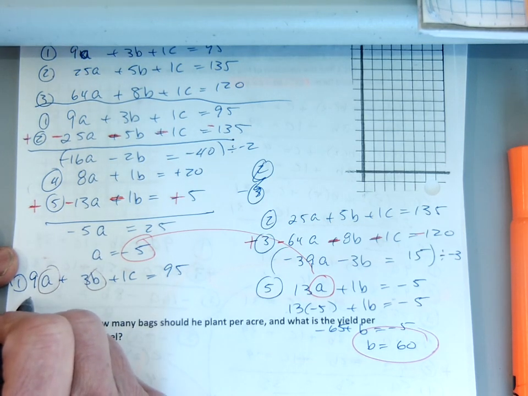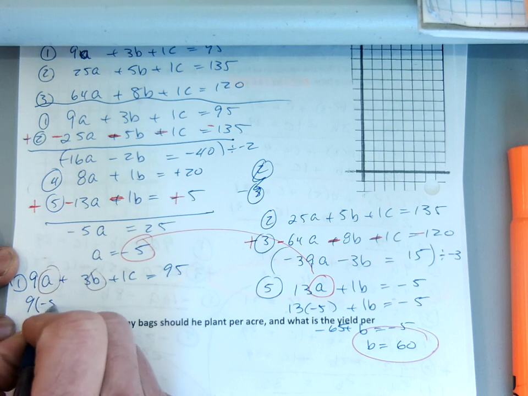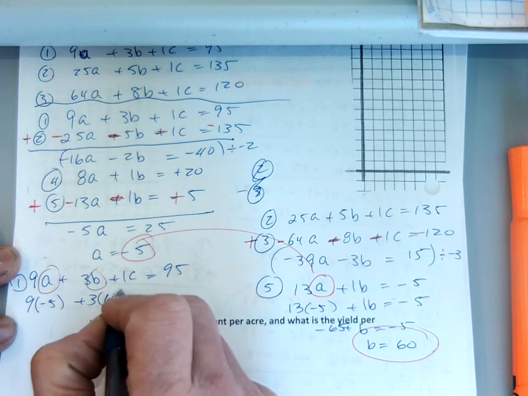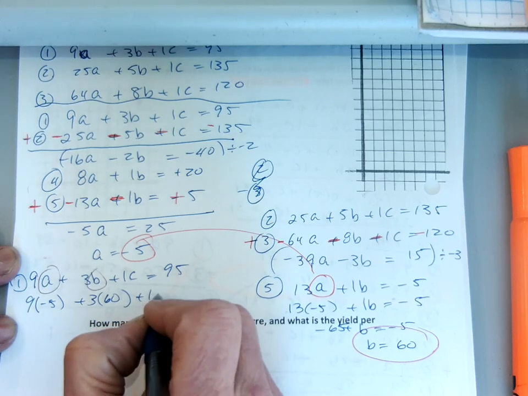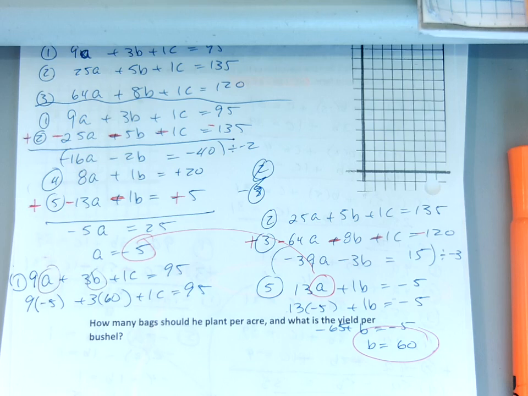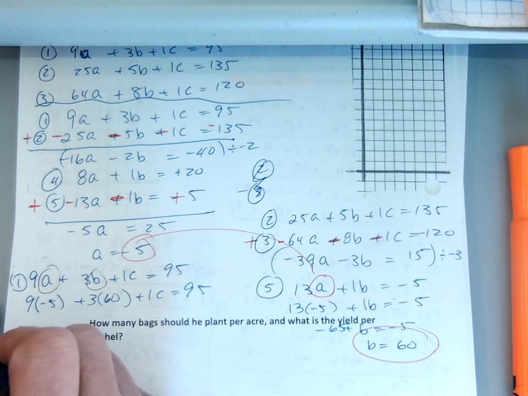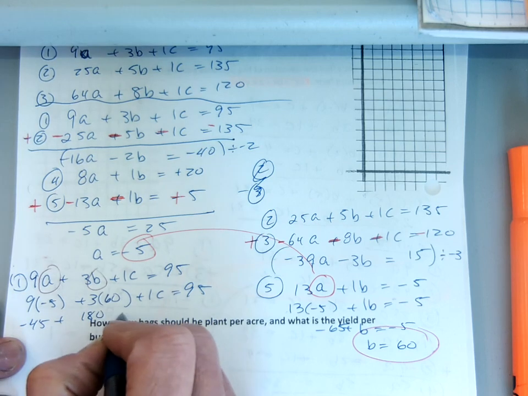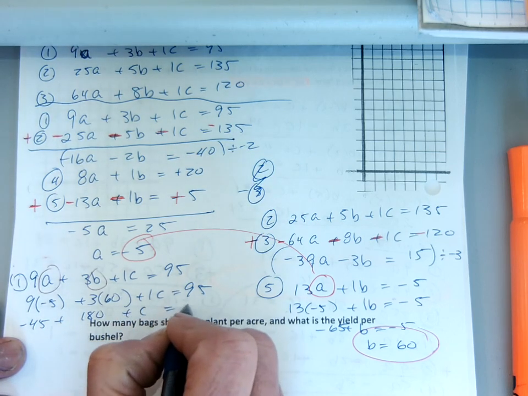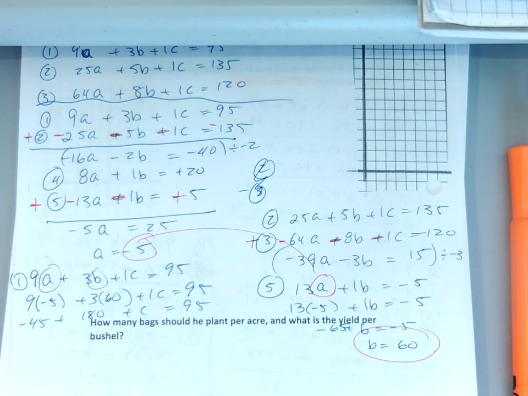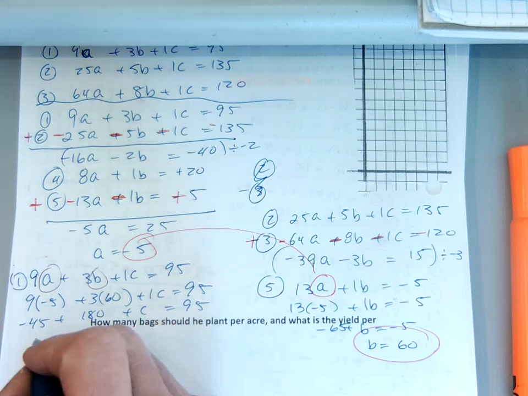So 9 times negative 5 plus 3 times 60 plus 1c equals 95, right? Negative 45 plus 180 plus c equals 95. What is 180 minus 45? 135.